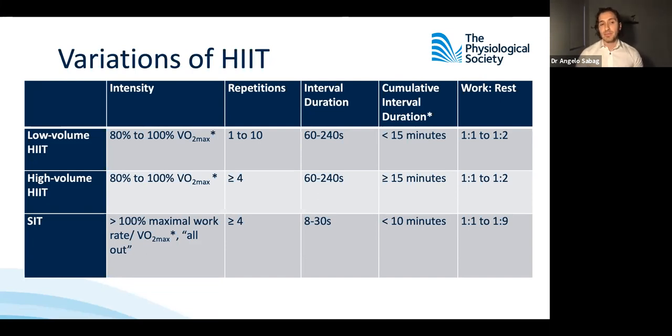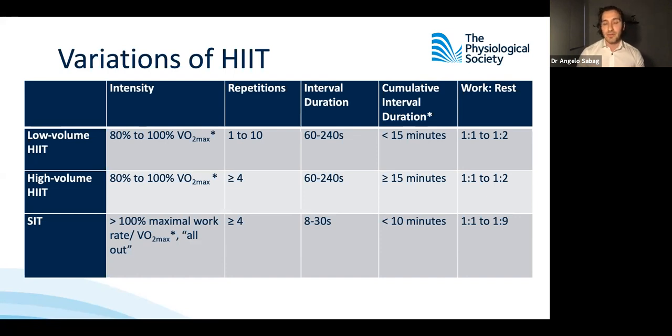For example, a typical low volume HIIT intervention, and I'll get into that a little bit further, could involve as little as 4 minutes of high intensity exercise interspersed with a warm up and a cool down period lasting around 5 minutes on each end. That would total 4 minutes of high intensity exercise alone, and therefore we classify that as low volume. Classic high intensity interval training is like 4 by 4, and cumulatively that equals 16 minutes, so we classify that as high volume.